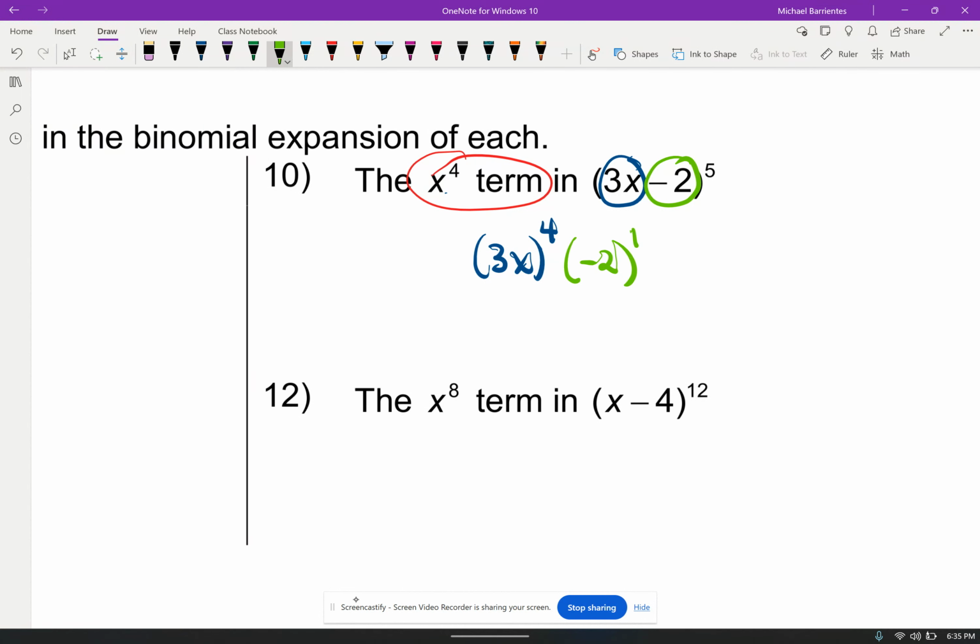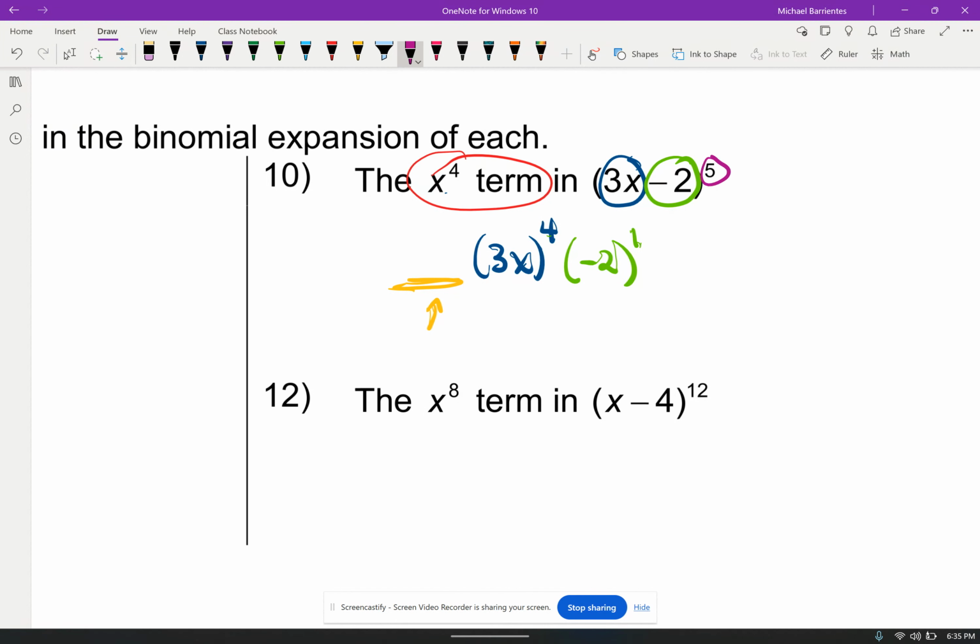The exponent here has to add to the other exponent to give me the original power that I started with. So 4 and 1, that gives me 5. That's how I know what this is. But now I need to figure out the value that goes here. And for me, the quickest way to do that is using my calculator. And if I do 5, let me change the color here.